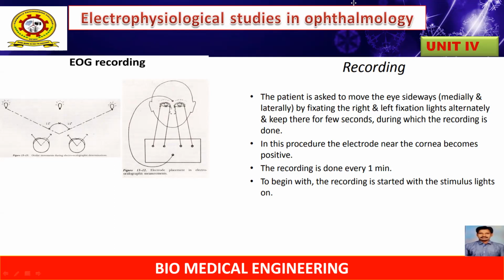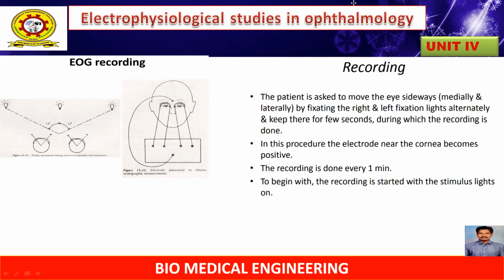So when we are moving the eyeball, the front part of the cornea is represented as positive amplitude or positive signal, and behind the cornea and retina is represented as negative.